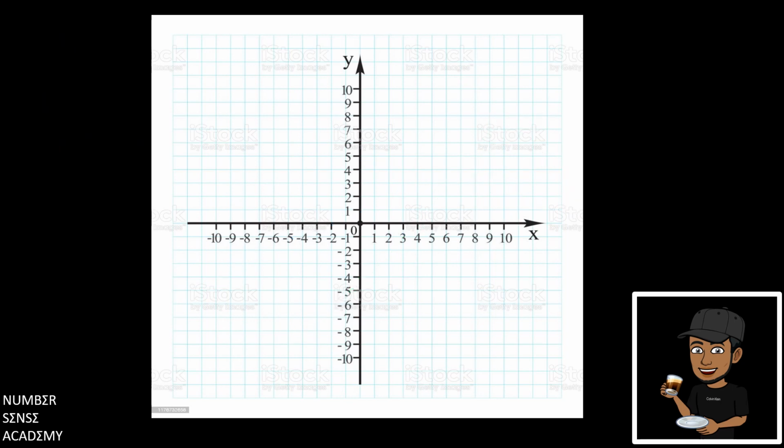All right. Next example. We have x plus y equals 3, and then we have 2x plus 2y plus 6 equals 0.